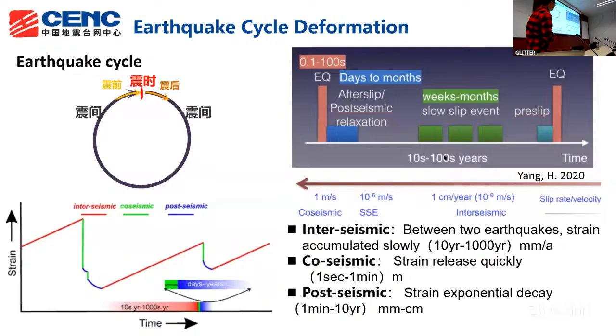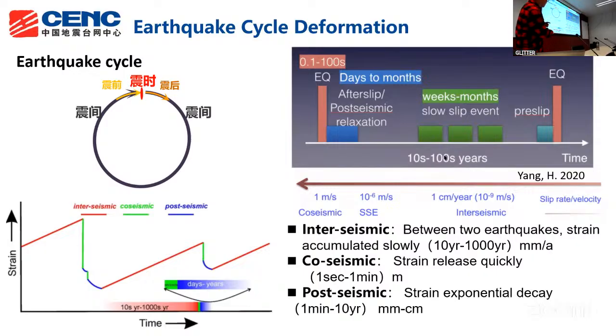So that's the second research subject, the earthquake cycle deformation. First, what is the earthquake cycle? The earthquake cycle includes three main stages. The first stage is the interseismic, which is between two earthquakes. The strain energy accumulates very slowly.